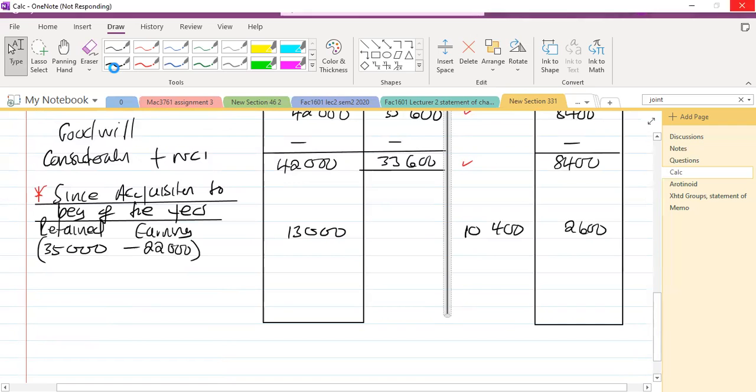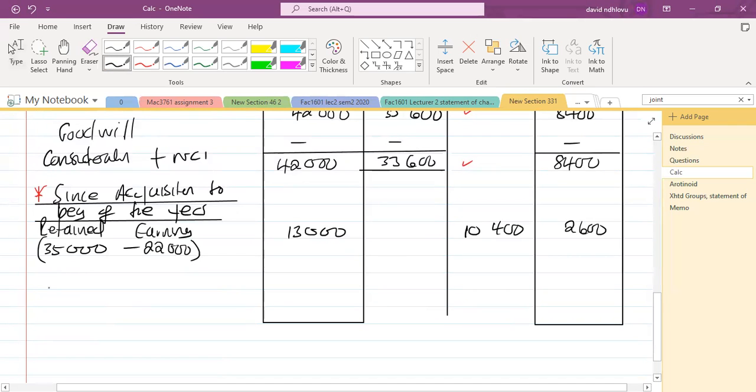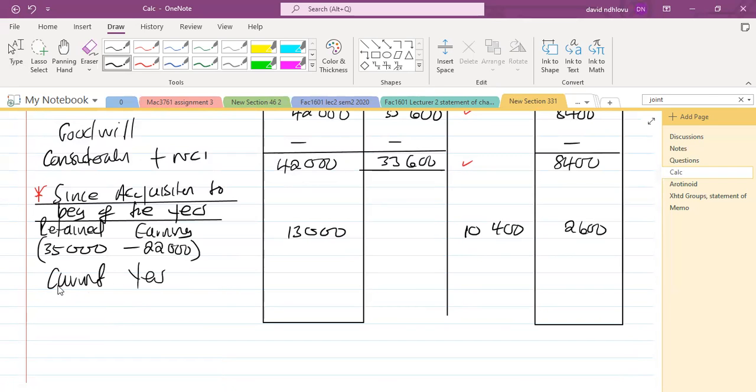Right, then we go to the current year. We have been trading, and in the current year, we also traded. So therefore, in the current year, we want the profit before tax figure.